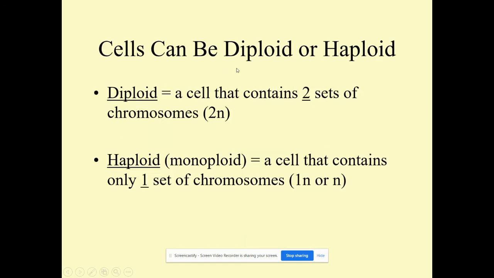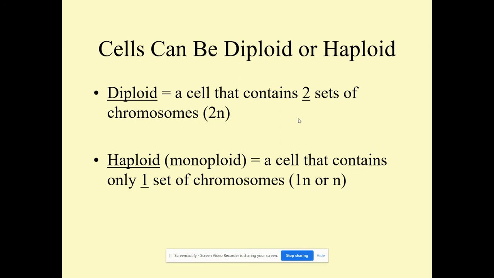Another of probably some of the most fundamental biology terms that there are: diploid and haploid. If a cell has pairs of chromosomes, it's called diploid. That picture of the chromosomes I just showed you was from a diploid cell, because both chromosomes from the pair are there.